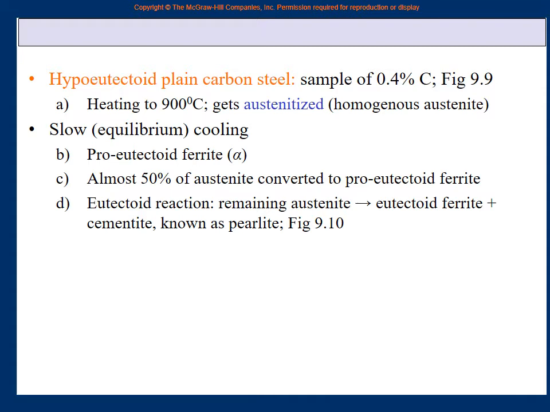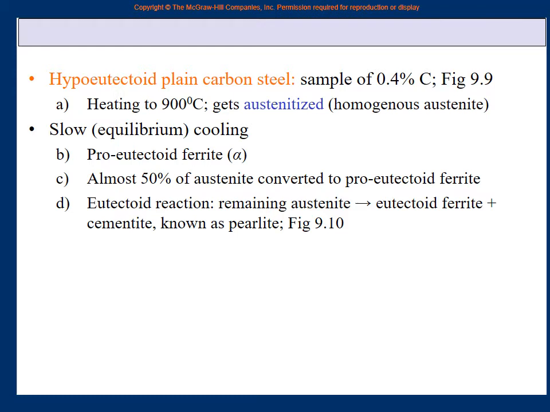So there is something, the normal something. Generally in science, here in material science, when we say hypo, we mean less than something, and hyper means more than something. If this is normal, then hypo would be below the normal and hyper will be above the normal. So for hypo-eutectoid plain carbon steel, eutectoid, you remember, was 0.8% carbon. So hypo would mean any carbon percentage less than 0.8.